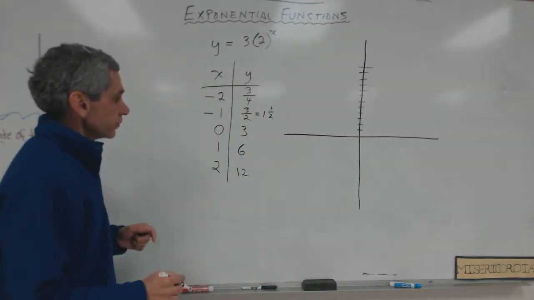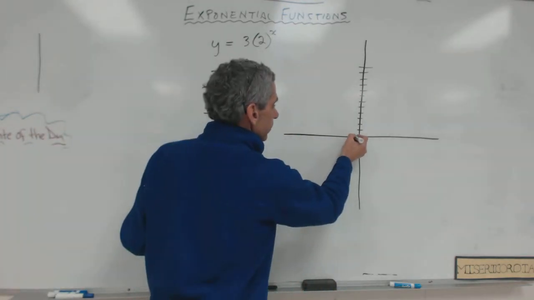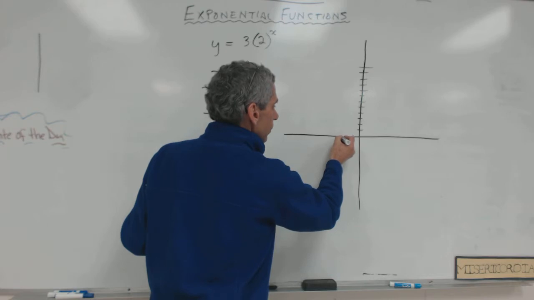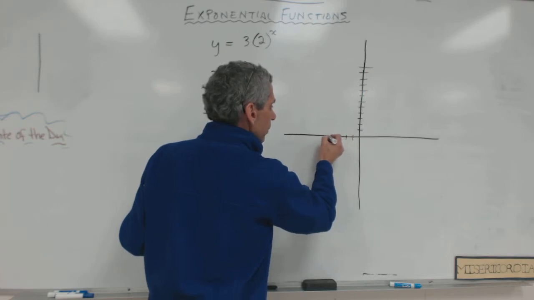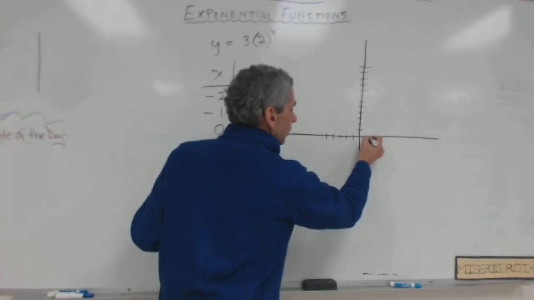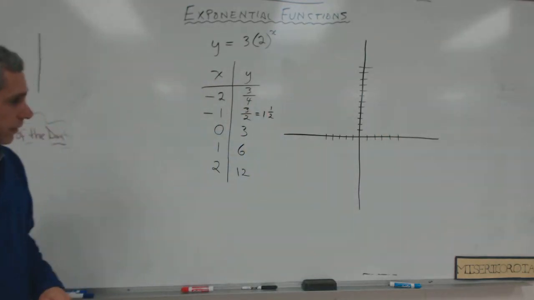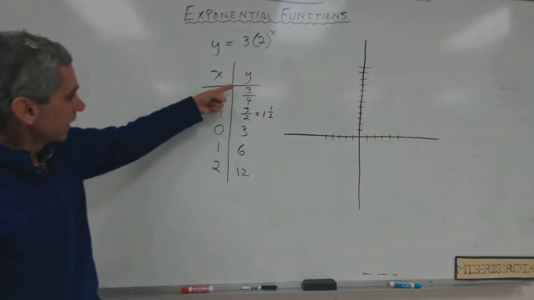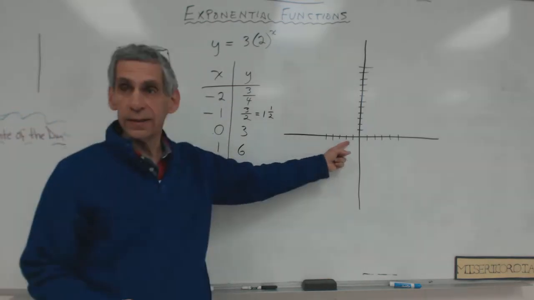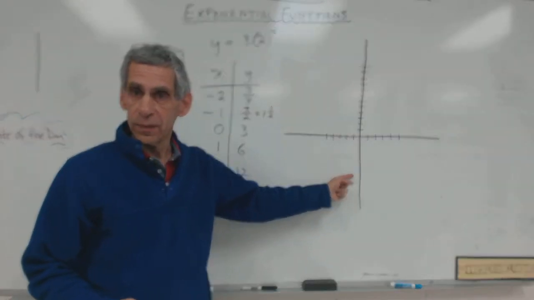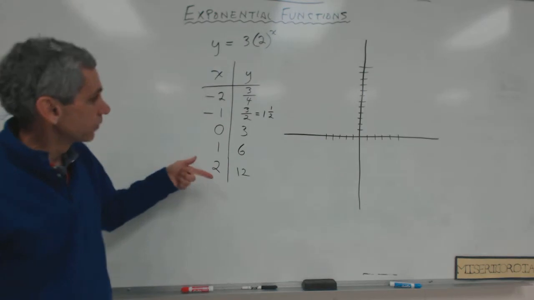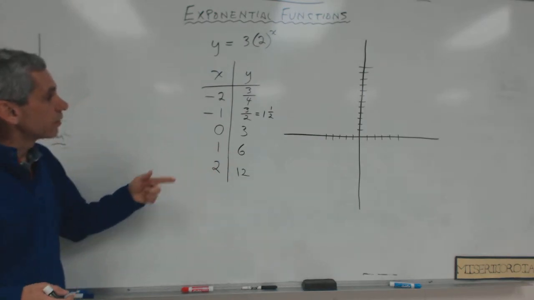And then I'll just do the x-axis, 1, 2, 3, 4, whatever. I think that's all we're going to need because there are no negative y's, so I don't really need any lines down here, right? I'm never going to go down to negative the way it looks right now.